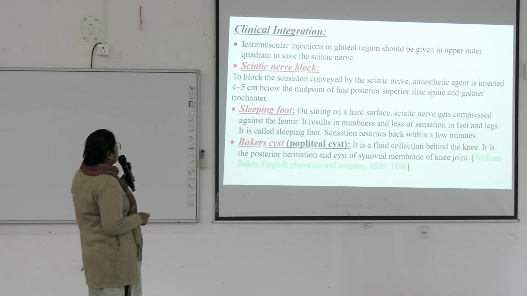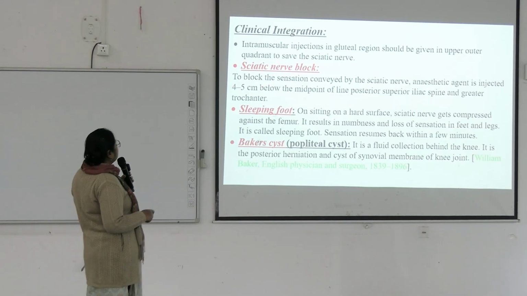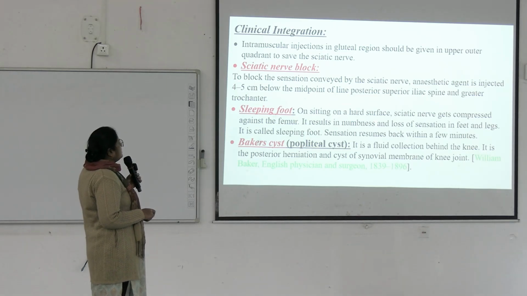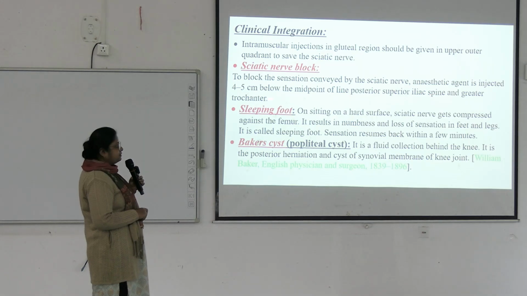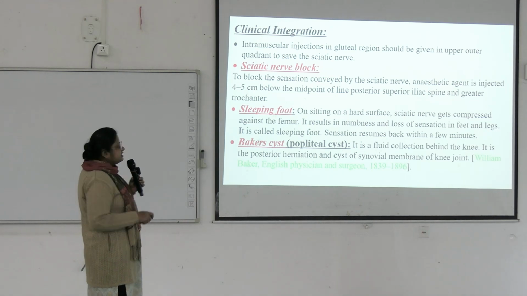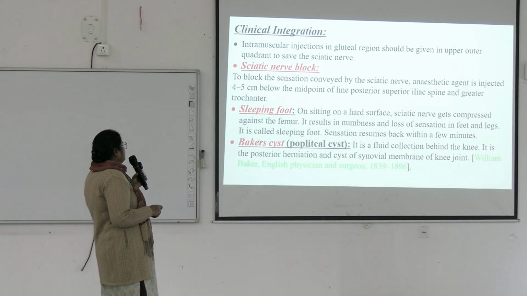To block the sensation conveyed by the sciatic nerve, anesthetic agent is injected 4 to 5 centimeter below the midpoint of the line from posterior superior iliac spine to greater trochanter. So at 4 to 5 centimeter below the midpoint of this line, you have to put the injection, to block the sciatic nerve.